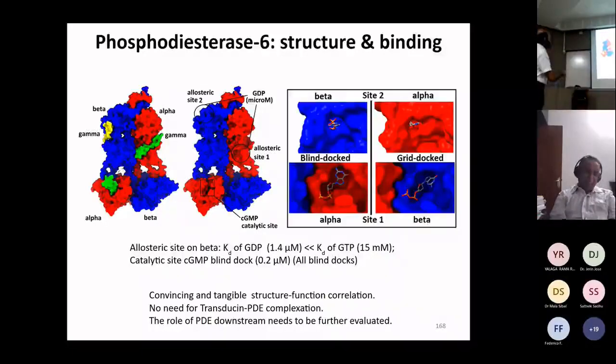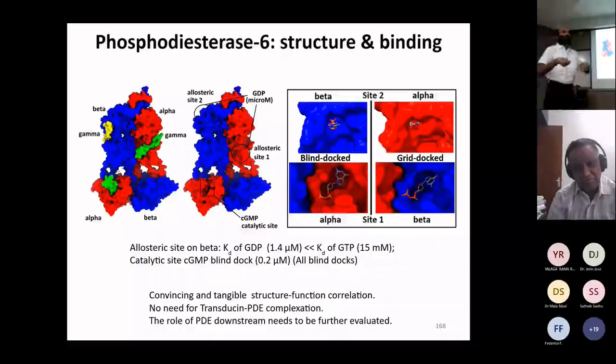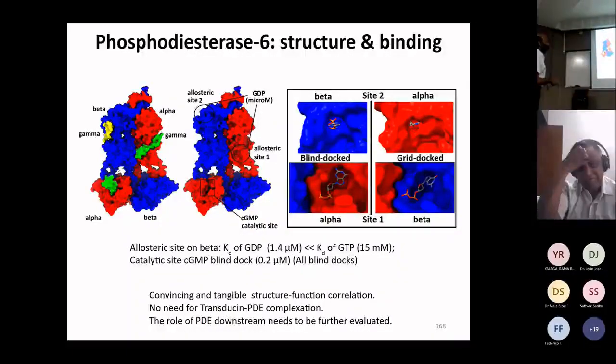It has two sites actually, and this covers that. This is the site that is covered. When GDP is present, GDP binds these places, so it unclips the thing and makes the phosphodiesterase active. Once again, perfect agreement with the predictions of the binding concept. So once again, this signal cascade is beautifully explained.